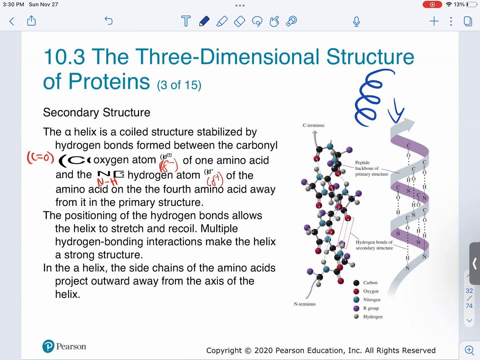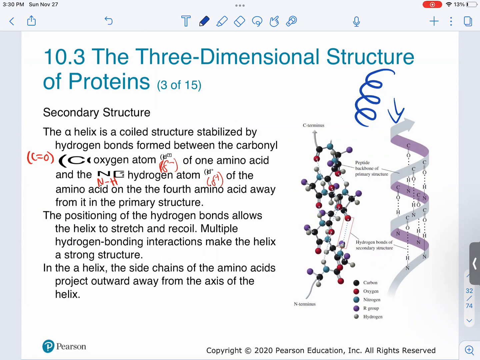And it's stabilized by the hydrogen bonding or attraction between the carbonyl of one amino acid and the hydrogen atom of another amino acid. So you remember your polarity and your partial positives and negatives, depending on electron distribution.